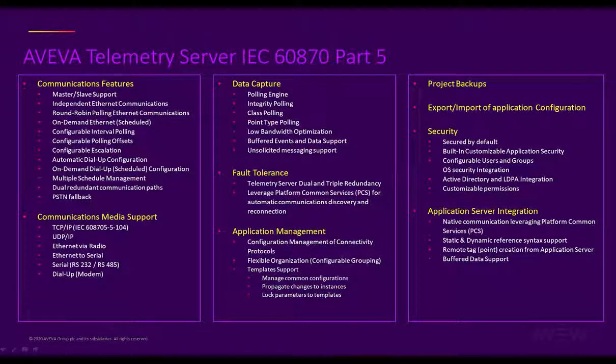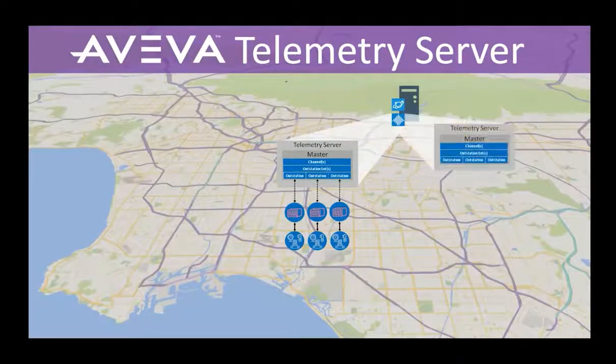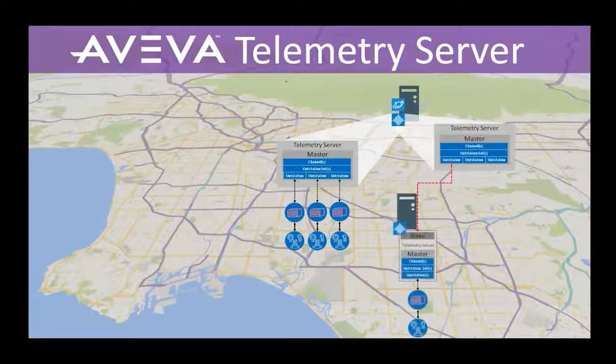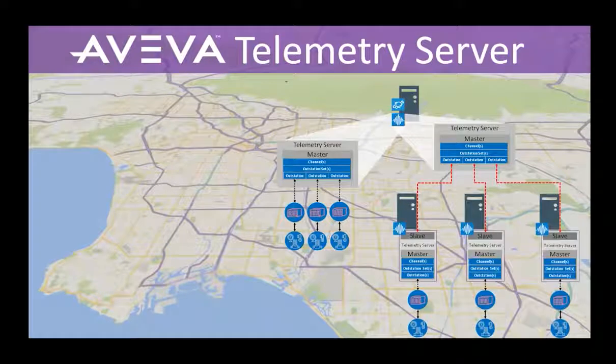Also, there are a variety of polling options, high availability through dual and triple redundancy configurations, and a reduction in engineering time through the use of templates and instances and the export and import of established configurations. Whether your geographically distributed system will have a single centralized master station or a master station with multiple regional hubs, Telemetry Server 2020 with support for IEC 60870 Part 5 can work for you.